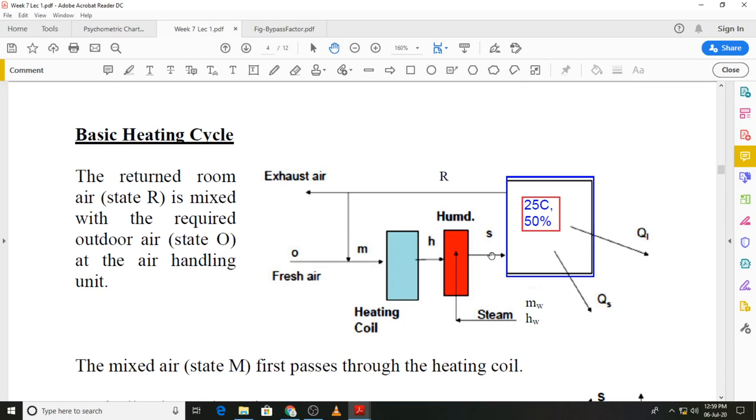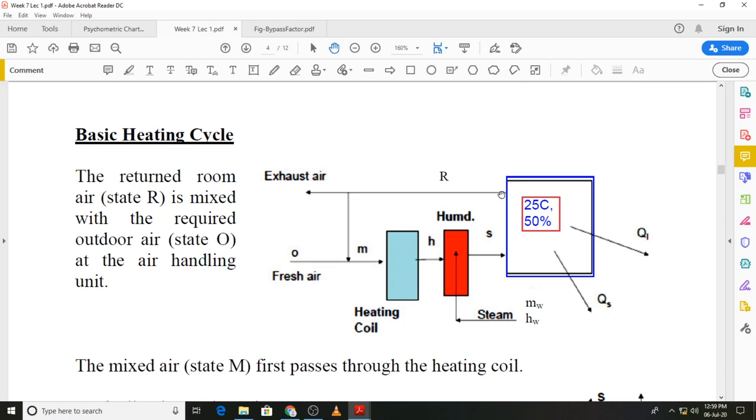That means we will have to supply air at a higher temperature and a higher humidity ratio, so that even after we have latent and sensible loss, we are able to keep the temperature at 25 degrees C and 50% relative humidity.